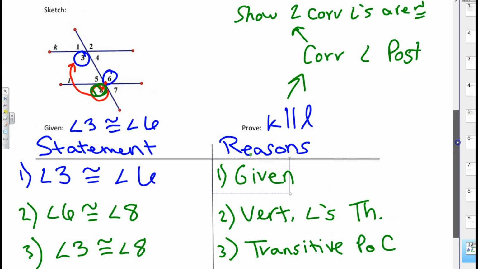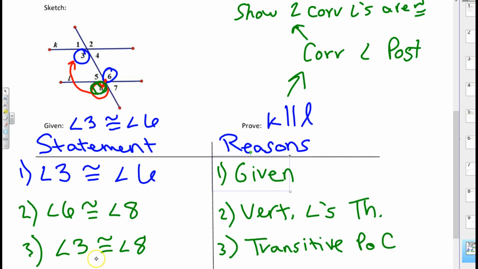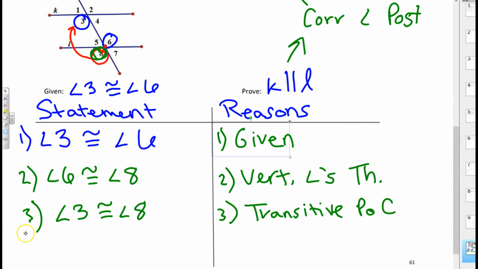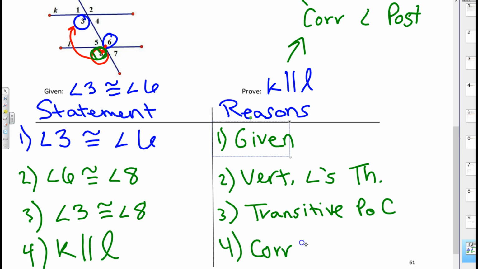Well, we just said if we're able to prove 3 congruent to 8, well, 3 and 8 are corresponding angles, and if corresponding angles are congruent, then by the corresponding angle postulate, I can say that K is parallel to L. So I've got my congruent corresponding angles. I can now say that K is parallel to L by the corresponding angle postulate.